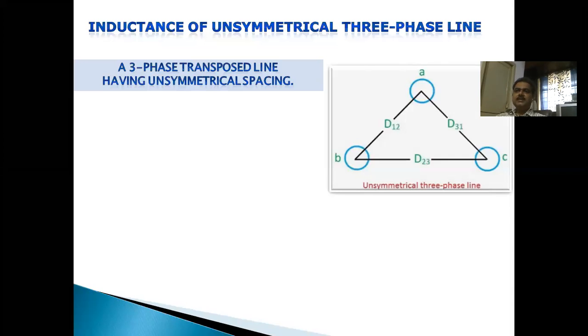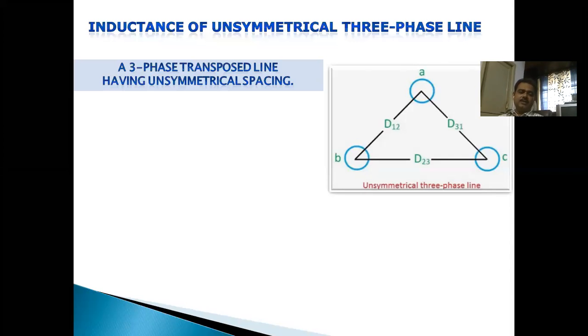If the inductance is not the same, then E is equal to L di by dt. So the induced voltages or voltage drops due to these inductances are different in all three phases.